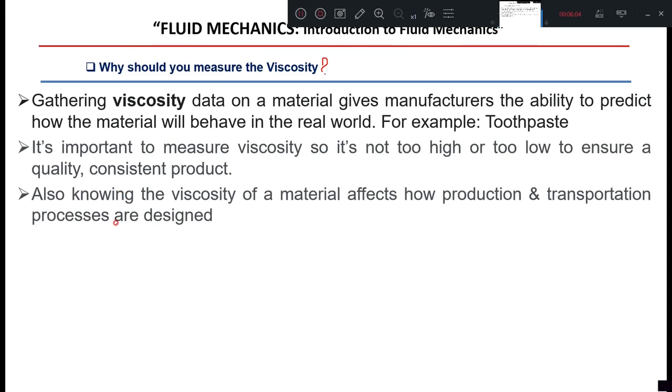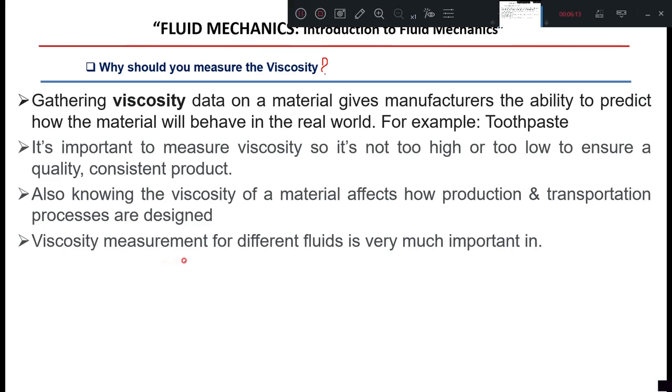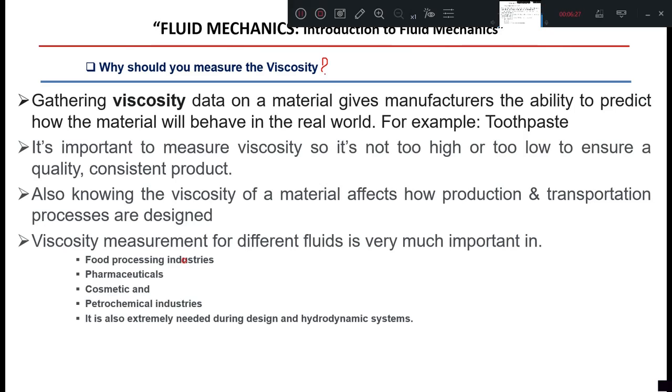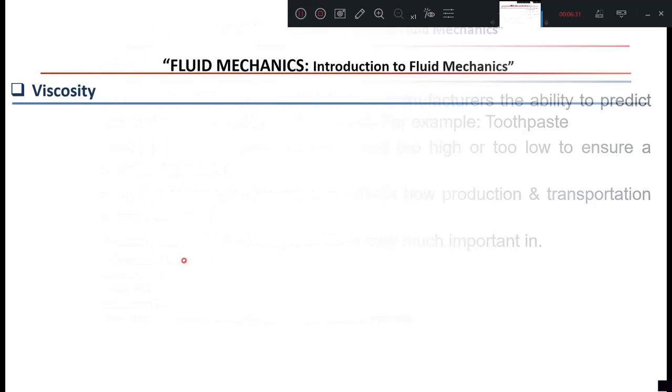Third, knowing the viscosity of the material affects how production and transportation processes are designed. The viscosity measurement for different fluids is very important in food processing, pharmaceutical, cosmetic and petrochemical industries. It is also extremely needed during the design of hydrodynamic systems.